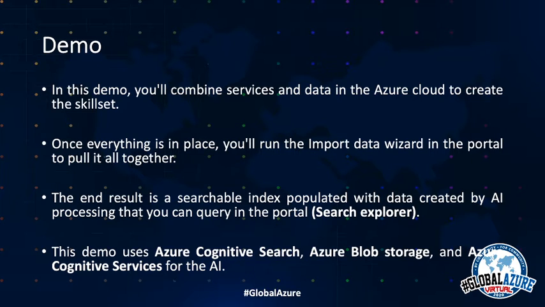The idea is that we will combine several cognitive services. We will integrate Azure Cloud Solutions to create this skill set. We will import data from a blob storage, and we will create this index. Basically we are going to use three elements: Azure Cognitive Search, Azure Blob Storage, and Azure Cognitive Services.